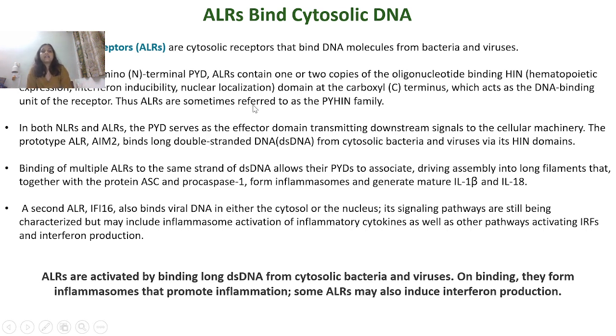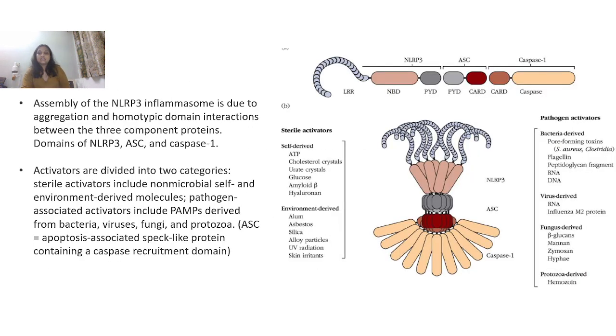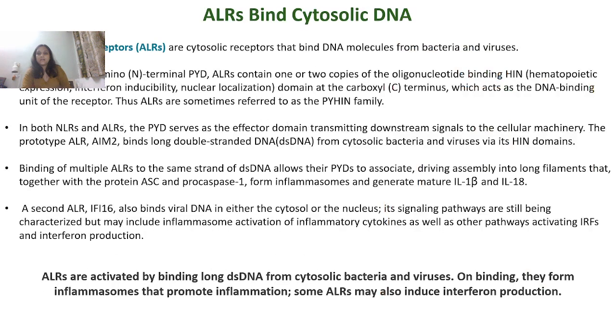In the case of both NLR and ALR, the pyrin domain serves as the effector domain, transmitting downstream signal to the cellular machinery. The prototype ALR AIM2 binds double-stranded DNA from cytosolic bacteria and viruses via its HIN domain. The nucleotide binding domain, as I already told, is a HIN domain. Here you can see the pyrin domain.